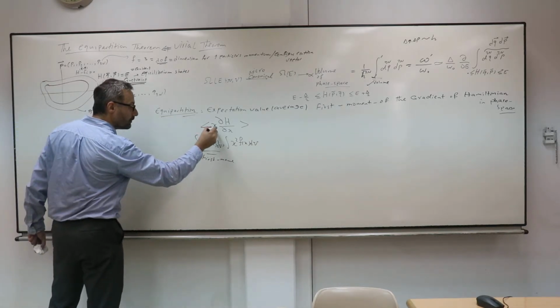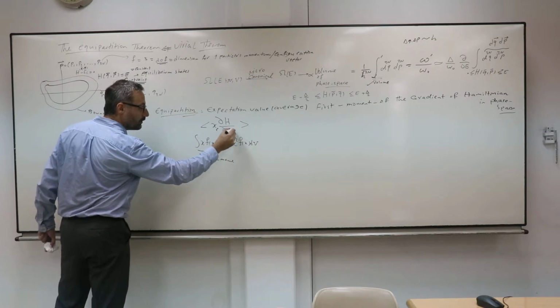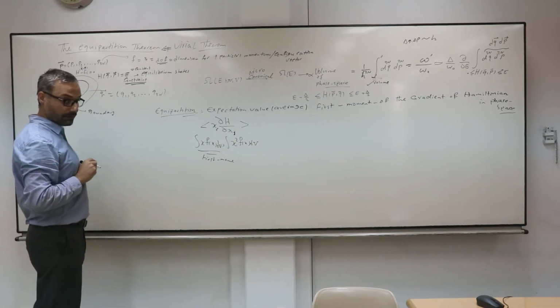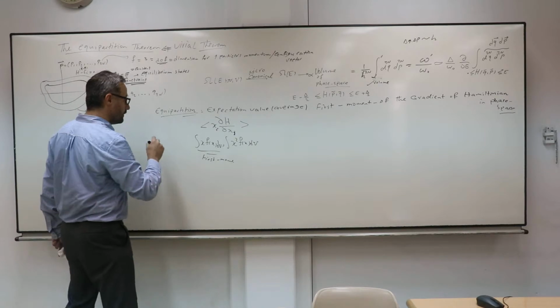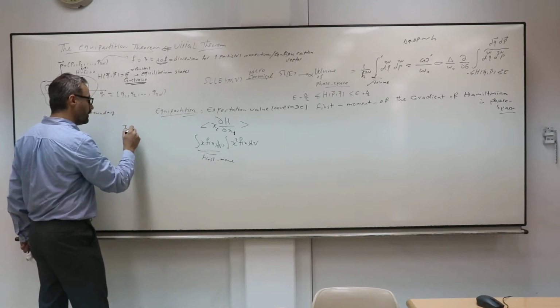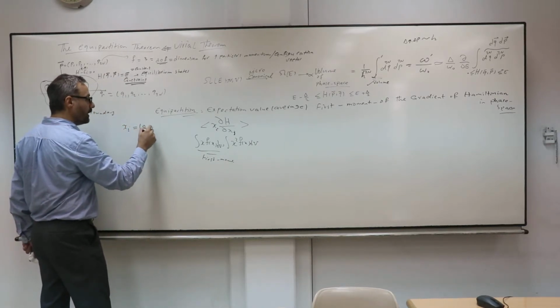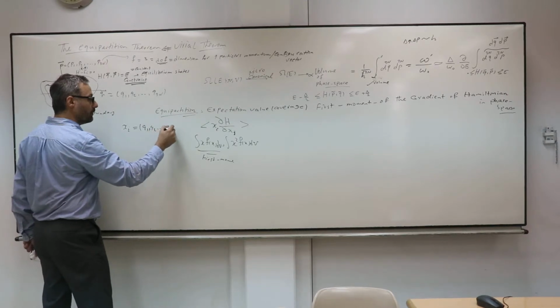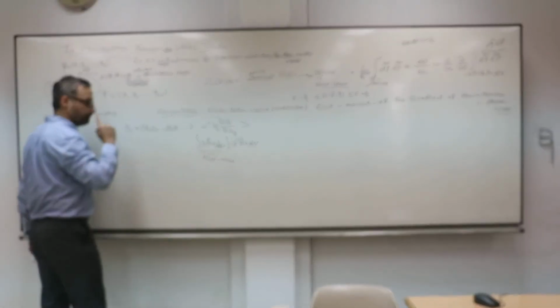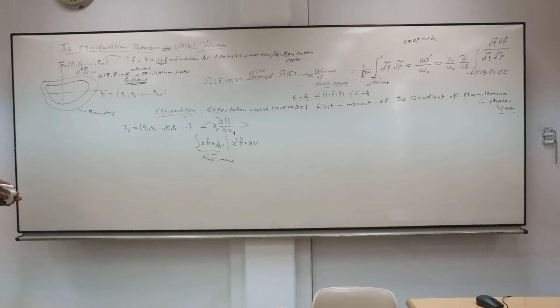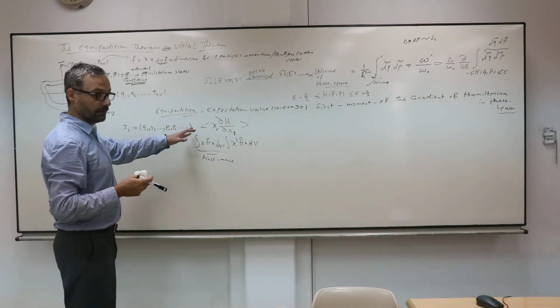I can call it i, and here I want to make a difference between x_i and x_j. So x_i can be any of them. Any of the coordinates can be seated here as x_i, and x_j can be another one.